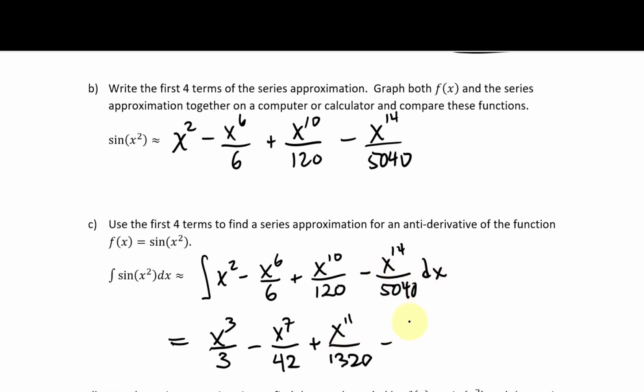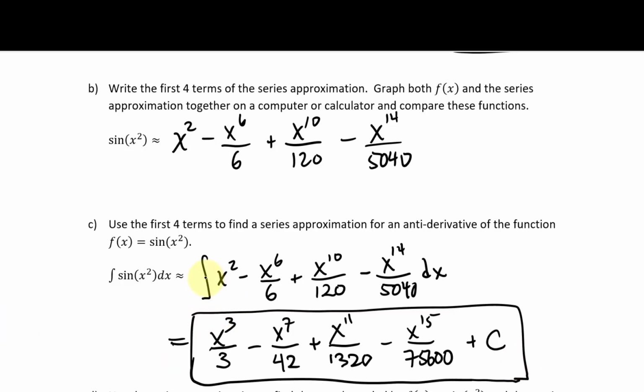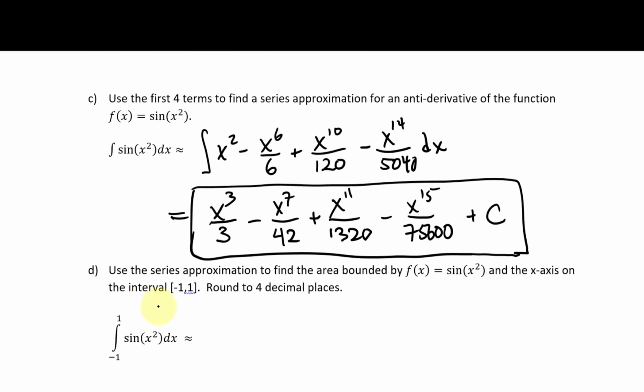And now we've got x to the 15 over 15 times 5040, 75,600. And we'll put plus C because this is the general antiderivative. So that's part C. We can find an antiderivative for that function, and then we can use that now in part D.